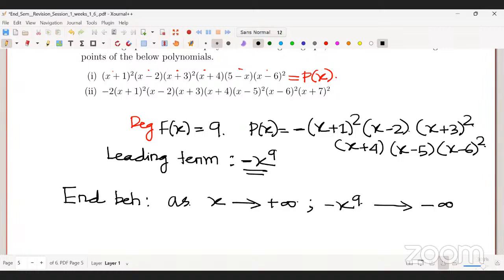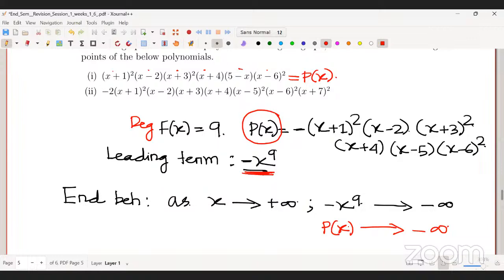The end behavior of this polynomial completely depends on the end behavior of its leading coefficient. Since this minus x power 9 is also going towards minus infinity, that means my p of x will also go towards minus infinity, right?